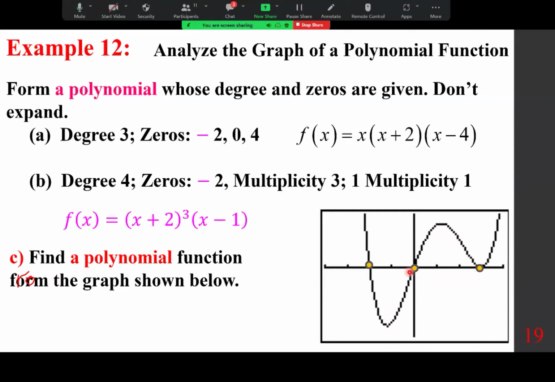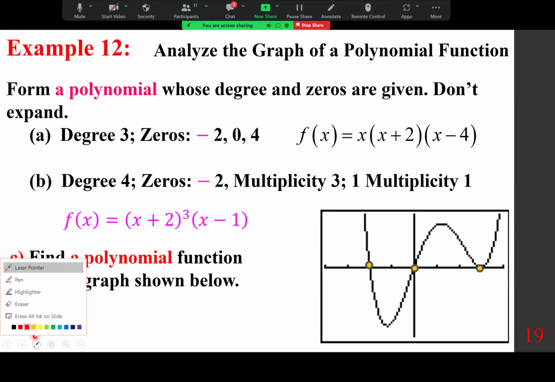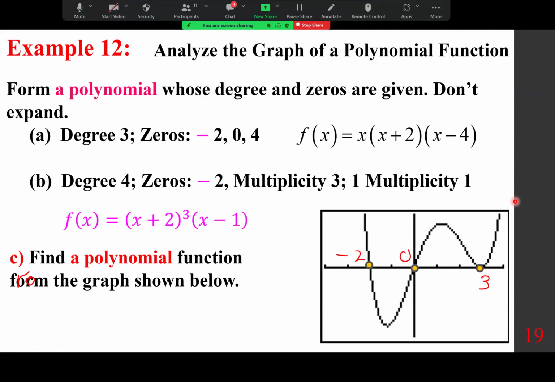So for this one, we're going to write x. For this one, so let me write the numbers. So I want to make sure we can see those. So this is 0, so we get x. This is -2, we get x plus 2. This is 3, we get x minus 3. And for the last one, since it bounces, x minus 3 squared.